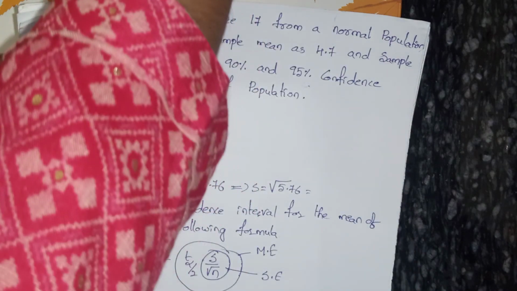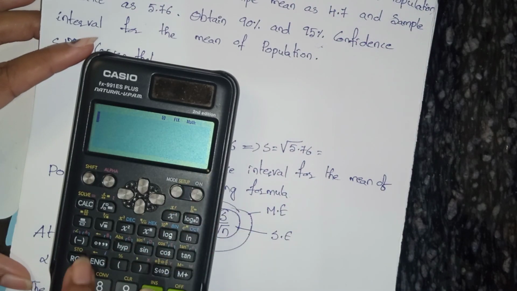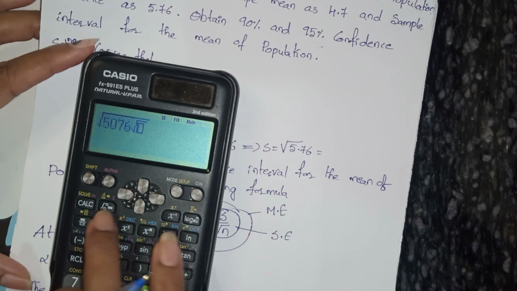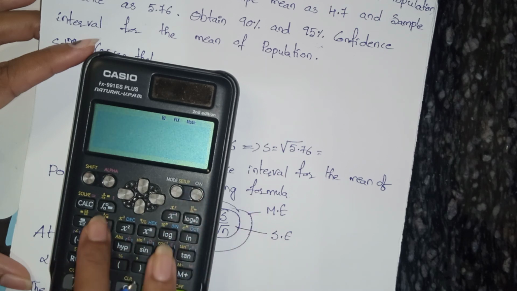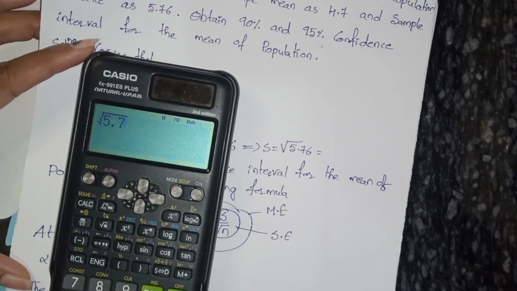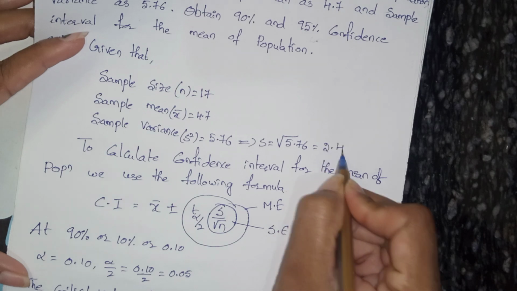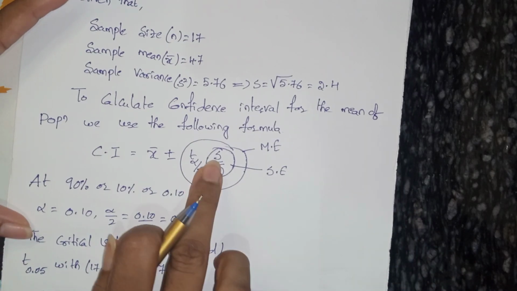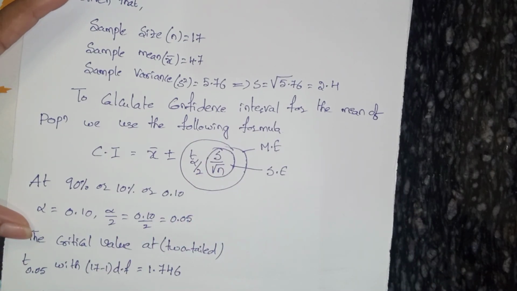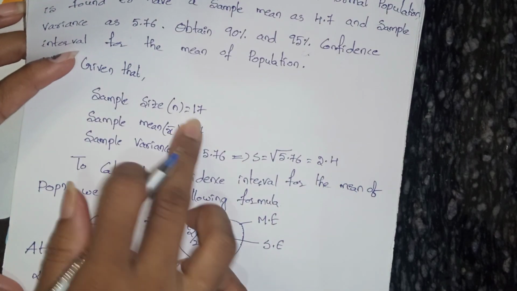So square root of 5.76 equals how much? 2.4. So here s value is nothing but 2.4, so 2.4 by root n. Root n is nothing but root 17.